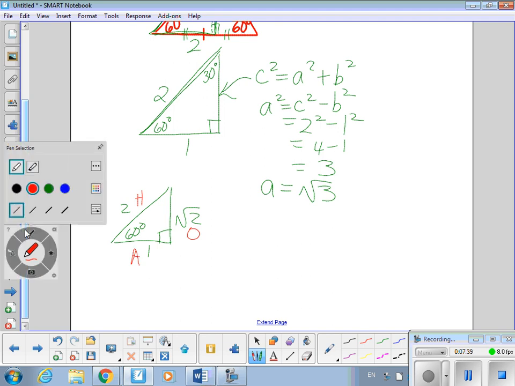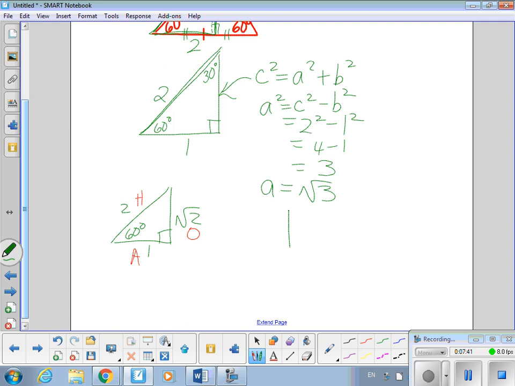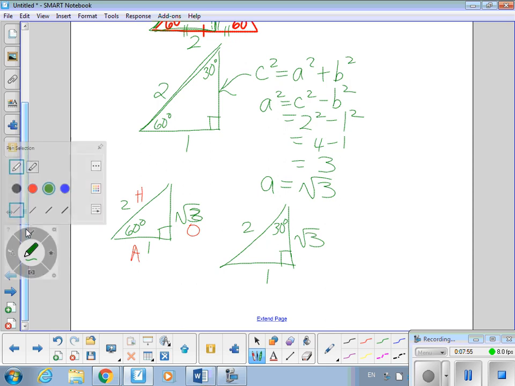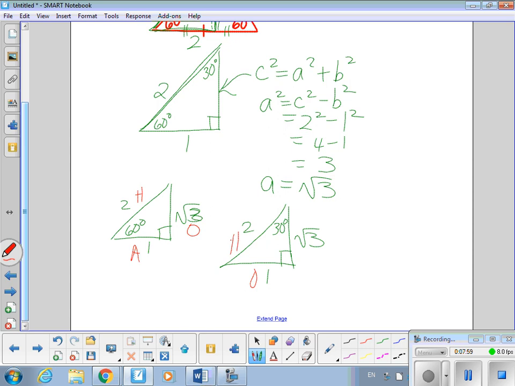Or I can take the same triangle and label it according to the 30-degree angle. And this is 2, this is 1, this is square root 3. And what I would end up with is this time this would be opposite, hypotenuse, and adjacent.